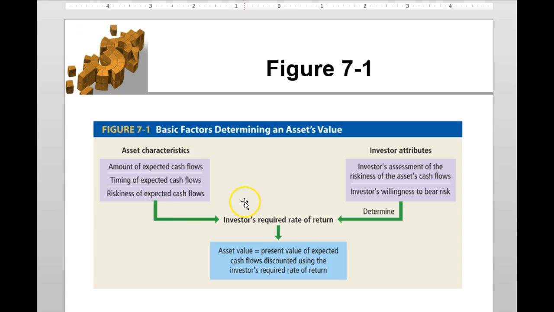And these figures are nice because they tell you the asset characteristics and the investor attributes, and these two come together to create the investor's required rate of return. So these on the side are the main factors that really drive the market's interest rate for bonds.